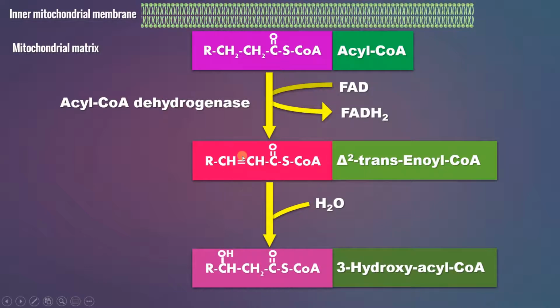So double bond becomes single bond. Now this intermediate we can call it as carbon number 1, carbon number 2, carbon number 3. So 3. And in the carbon number 3 we have hydroxyl group. So 3 hydroxy acyl CoA.